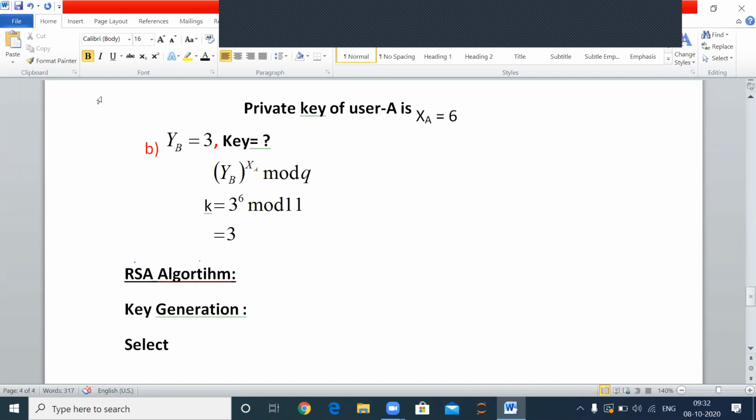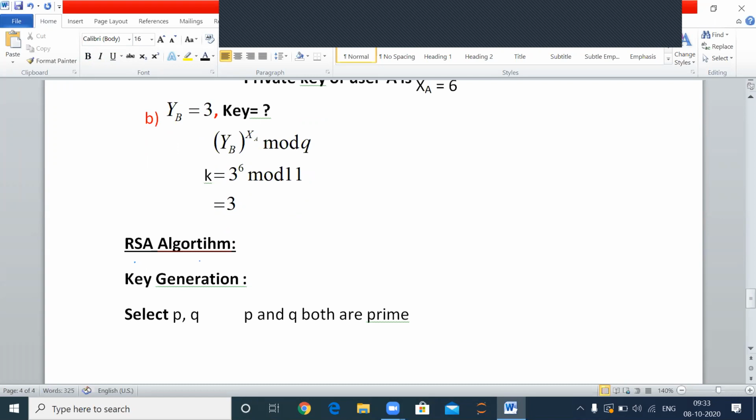We select the prime numbers P and Q, both are prime.